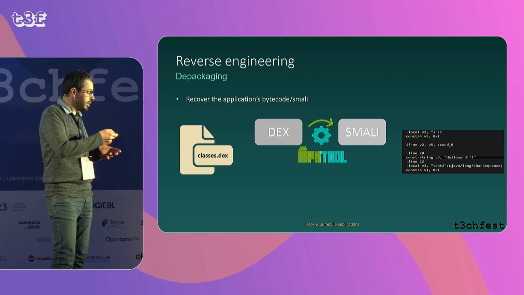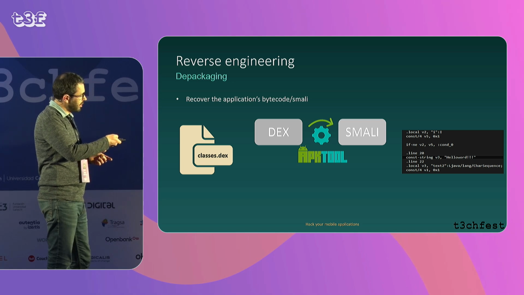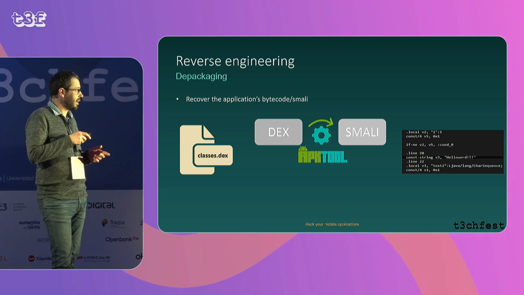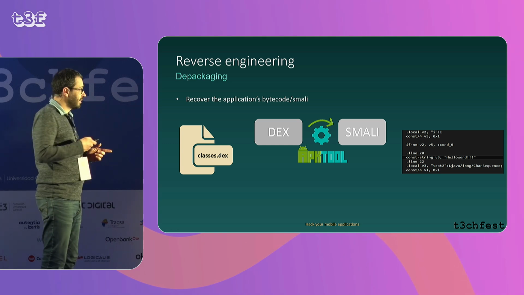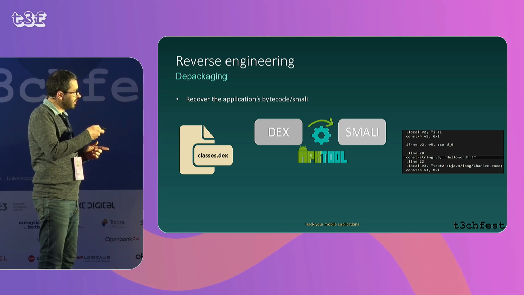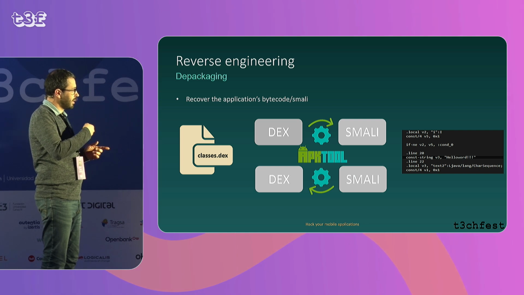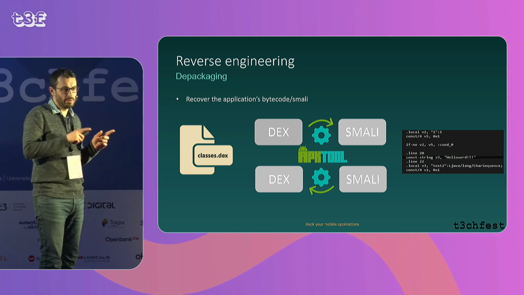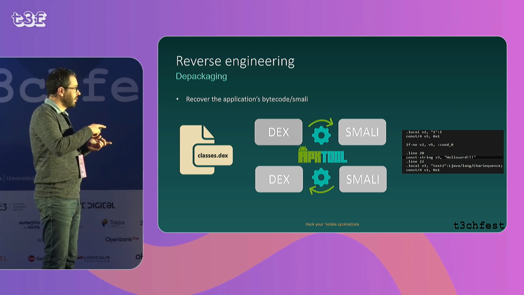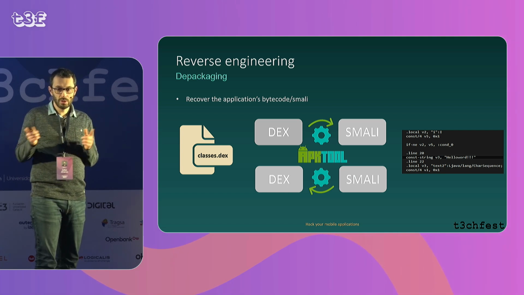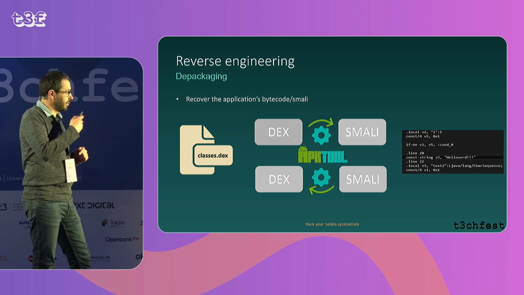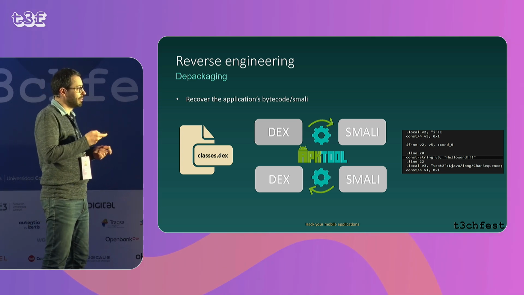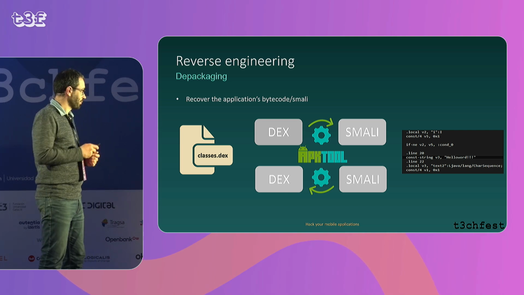What is Smali? Smali is this kind of code, which is not very clear, but the advantage of this code is that it is easy to modify it and to go back into DEX. So with this tool, you can go in the two directions, from the DEX to the Smali, and from the Smali to the DEX. And of course, I will modify Smali here before going back to the DEX.